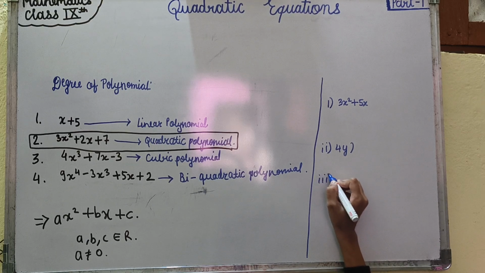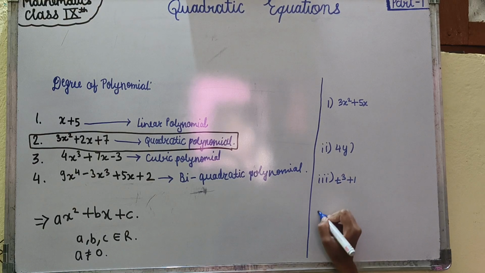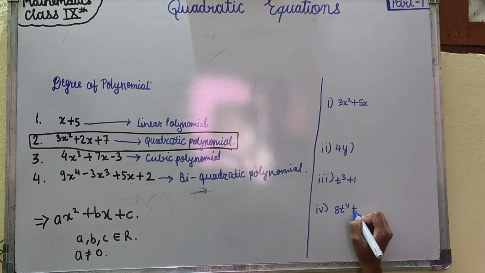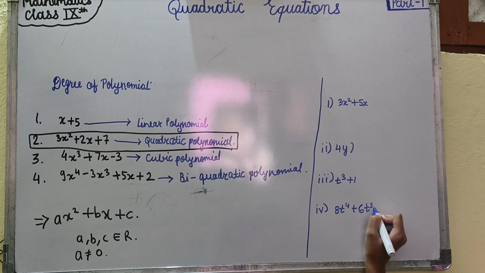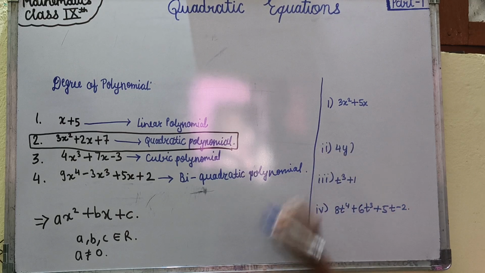Third is t cube plus 1. Fourth is 8t raised to 4 plus 6t cube plus 5t minus 2. So we have to classify these following polynomials.